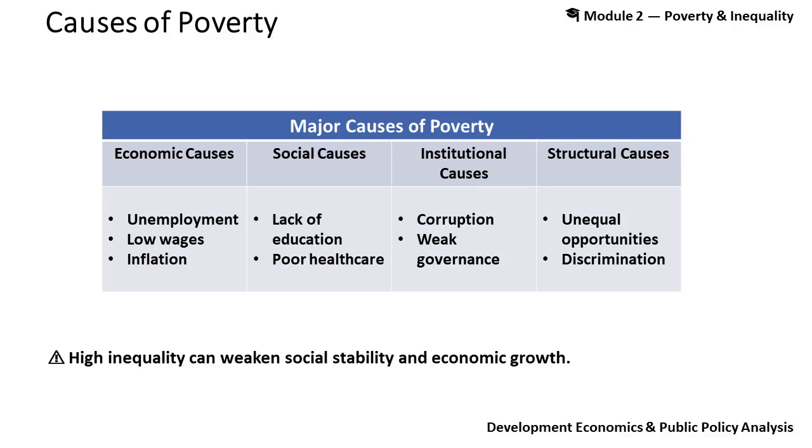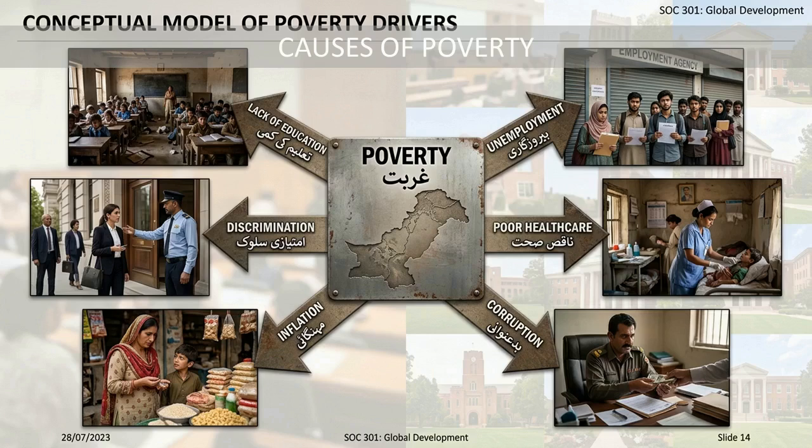Causes of poverty. Poverty has many causes, and they often interact with each other. Economic causes include unemployment, low wages, and inflation. When people cannot find jobs or when prices rise faster than incomes, poverty increases. Social causes include poor education and inadequate healthcare. Without education and health, people struggle to improve their productivity and earnings.